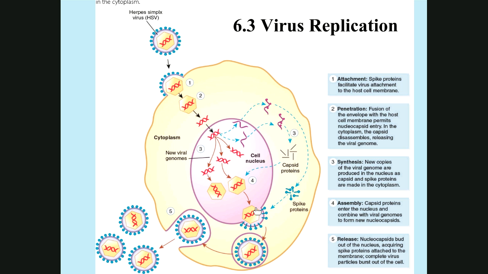In this case, it's attaching those spikes to the nuclear envelope. This is the membrane that is surrounding the nucleus right here. So it attaches these little spikes to the nuclear envelope.